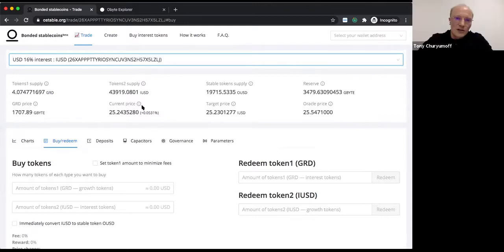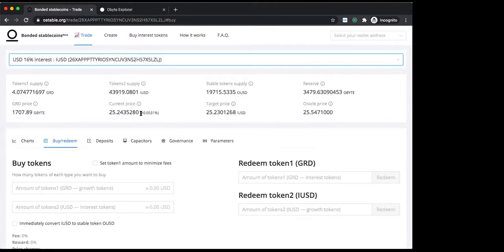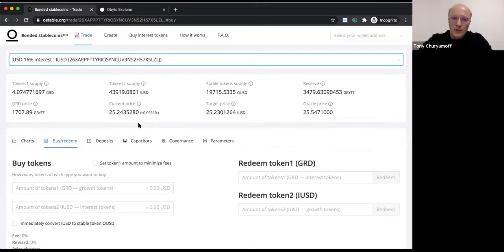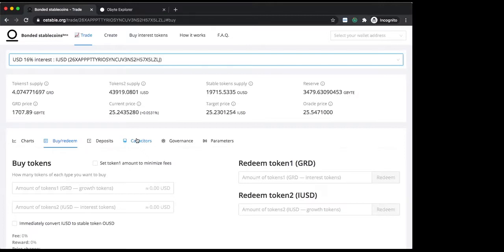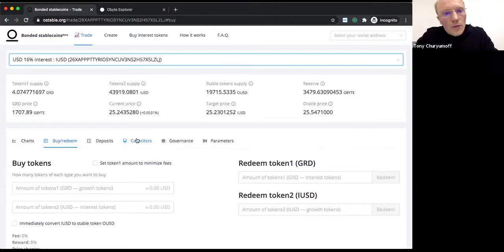So we just set a target price, which changes according to the price of the benchmark plus interest, and the bonding curve mechanism pushes the price to this target, whatever it is.